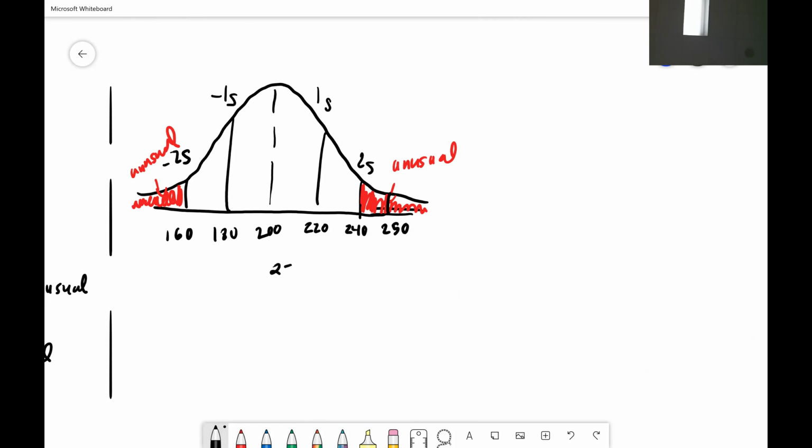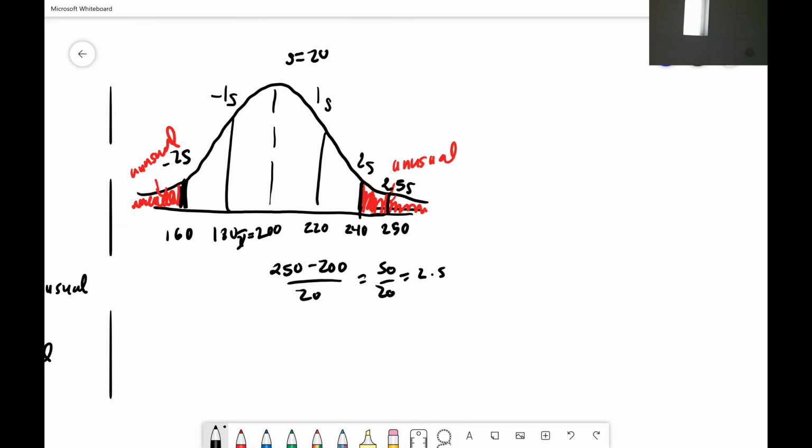If you take 250, subtract 200, and divide it by 20, because remember your s here is 20 and this is x bar, then you get 50 divided by 20, which is 2.5. It is 2.5 s's from the mean. Anything from here on is unusual. It's too far away.